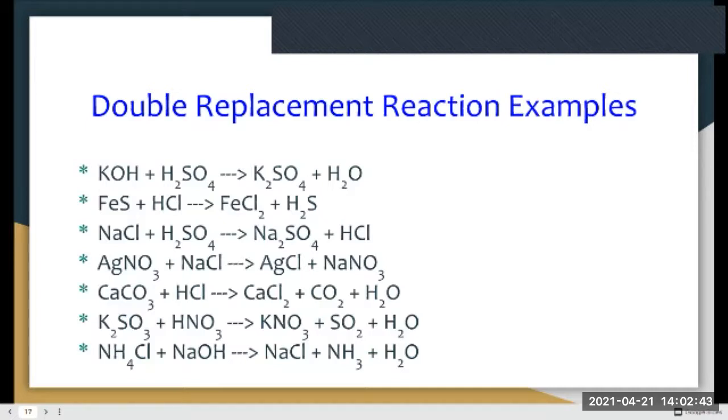I'll tell you if they do form 3, and they form 3 simply because there's a water possibility, and usually where there's a water possibility, it becomes a possibility. So these are your examples for double replacement. Notice the anion switch, so hydroxide and sulfate, chlorine and sulfur, chloride and sulfate, chlorine and nitrate, carbonate and chloride, sulfite and nitrate, chlorine and hydroxide.